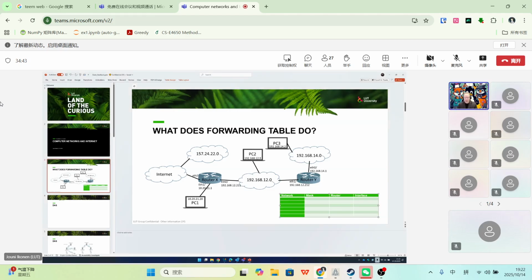So we have to have the 192.168.14.0 network there. And what do we do with the network mask? What does it indicate?